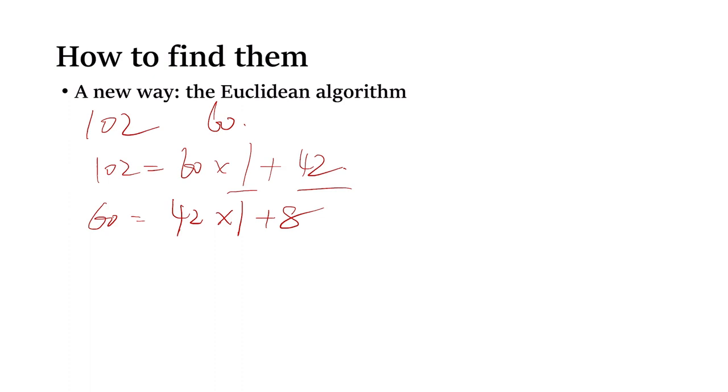So here A is 60, B is 42, Q is 1, and R is 18. Reasonable, isn't it? And now let's continue.